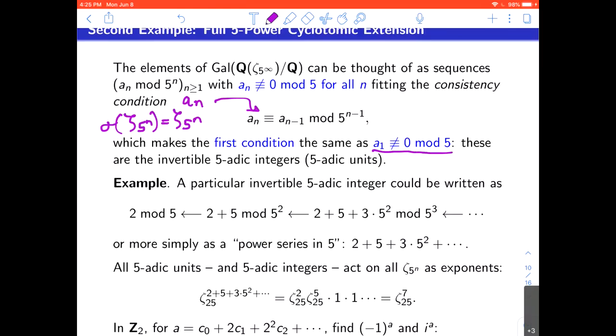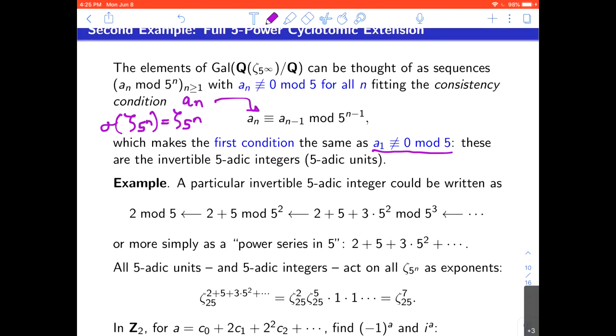And otherwise, you just start lifting however you wish. And so basically, the Galois group of the 5-power cyclotomic infinite extension of Q is the 5-adic integers that are invertible, whose first digit is 1, 2, 3, or 4.